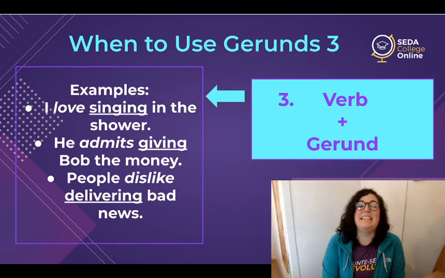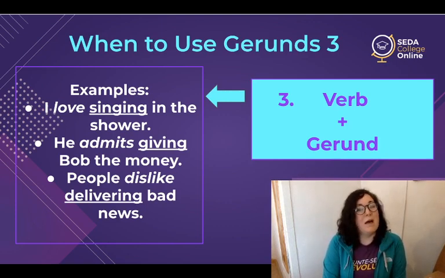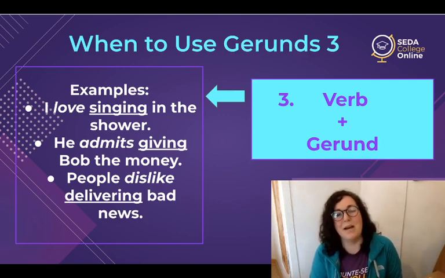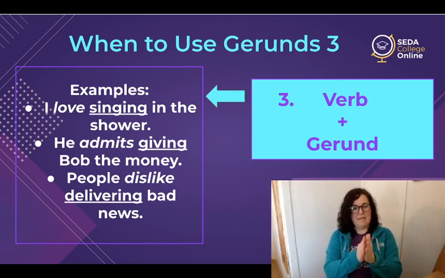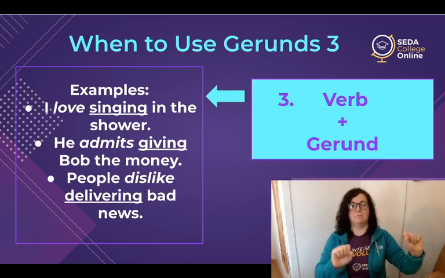He admits giving Bob the money. Okay? Maybe Bob got some money he shouldn't have got. So he, the main subject here, admits giving Bob the money. Admit is conjugated properly plus the gerund. Okay, so verb plus gerund. All right?